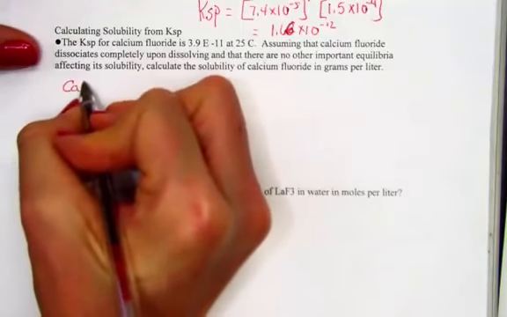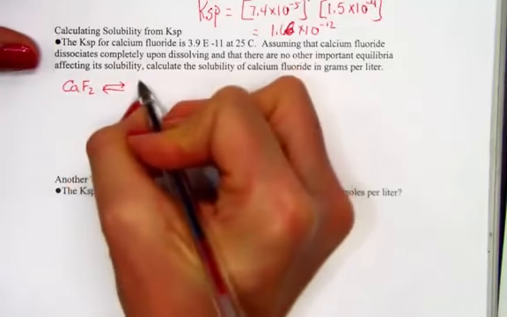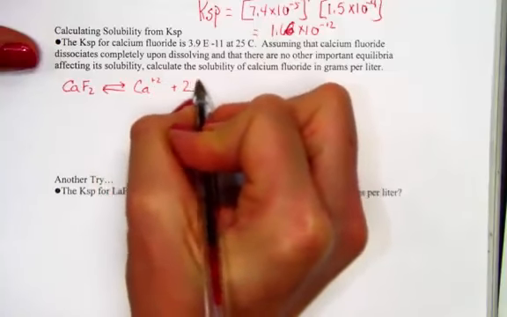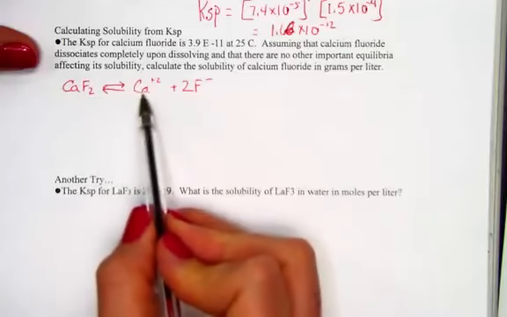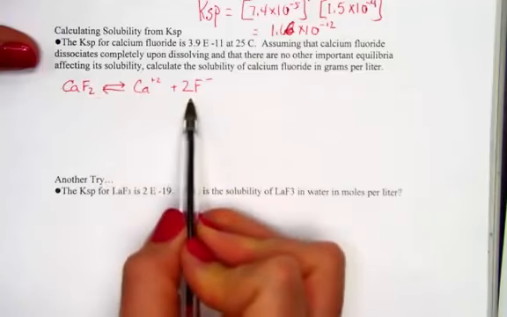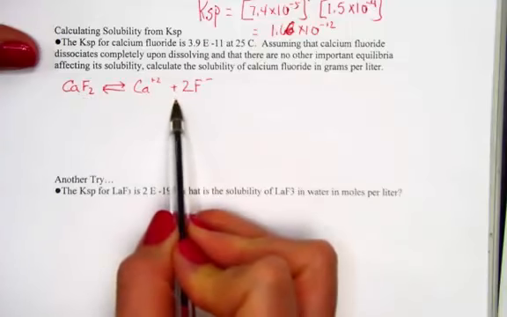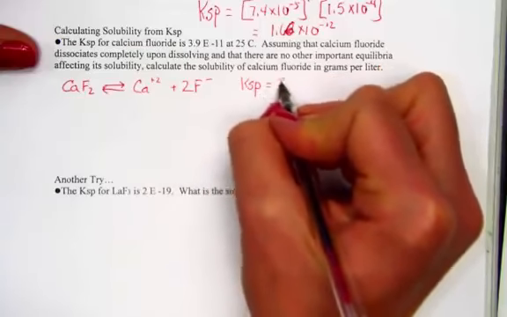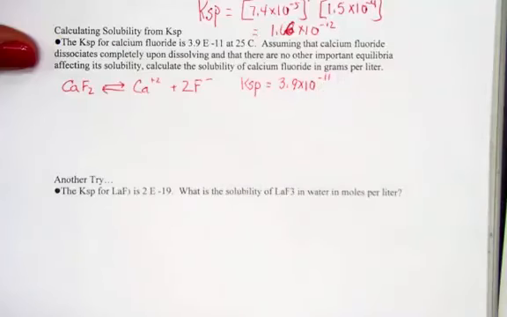Calcium fluoride, CaF2 based on charge, is in dynamic equilibrium with its ions, Ca2+ and 2 fluoride ions. Again, when it dissociates, 1 calcium is produced, but 2 fluoride ions, the solid in dynamic equilibrium with its aqueous ions. And they're providing for us a KSP of 3.9 times 10 to the negative 11th.